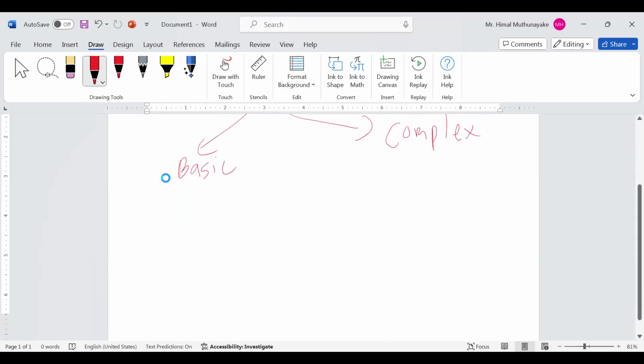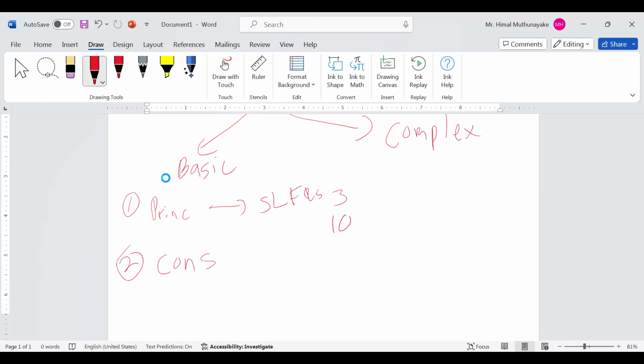Because I'm doing this as a revision, if you can remember, when it comes to the basic consolidation, we discussed the principles of consolidation according to SLFRS 3 and 10, and how to prepare the consolidated statement of financial position, according to SLFRS 10 again, right.